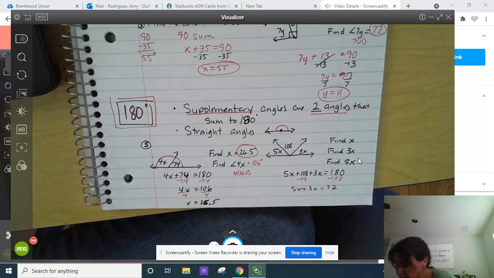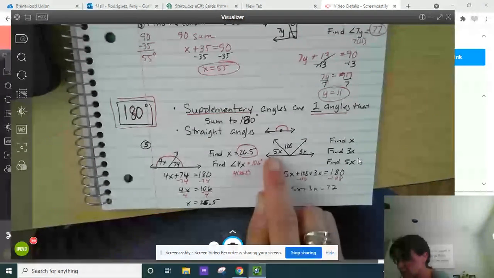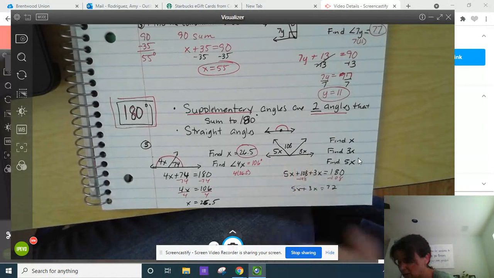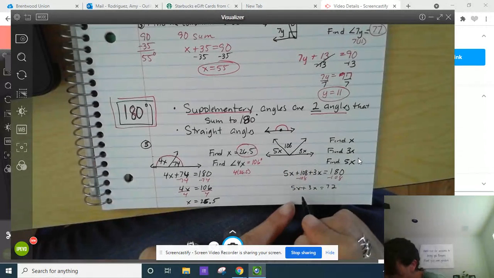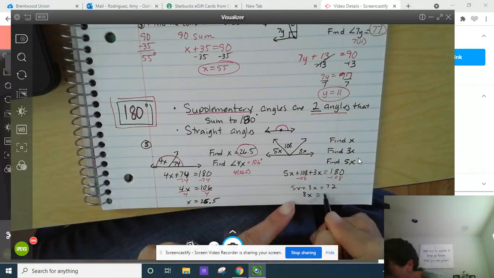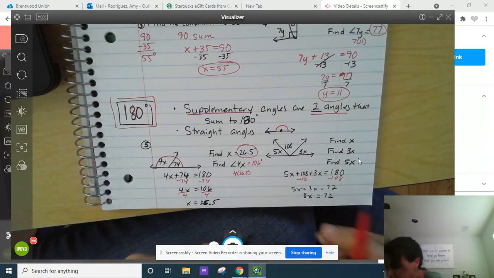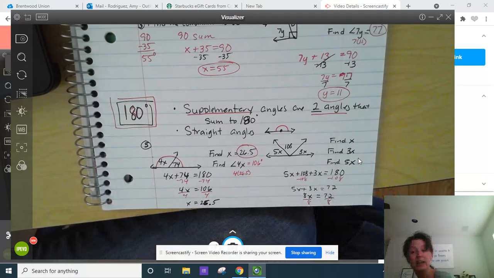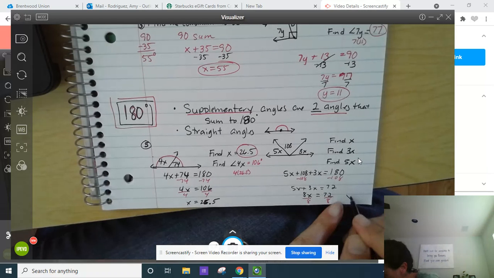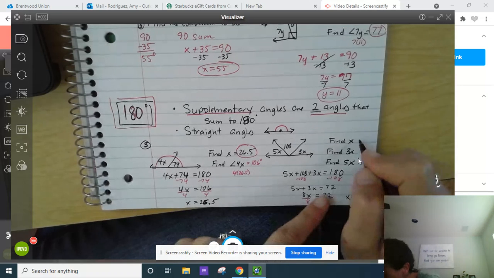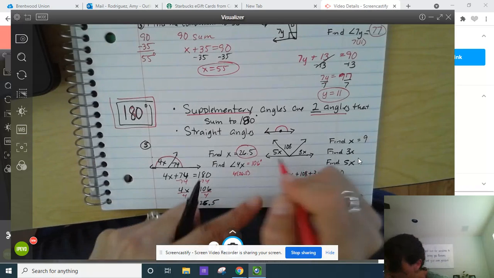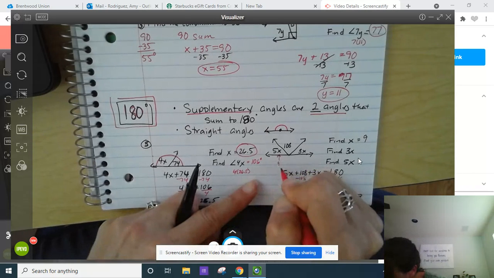So what you're going to need to do is combine your like terms. This is 5 times an unknown. This is 3 times that same unknown. So that's really just 8 times that unknown. We've seen combining of like terms before. And now we can use inverse operation. And we get that our unknown is 9.